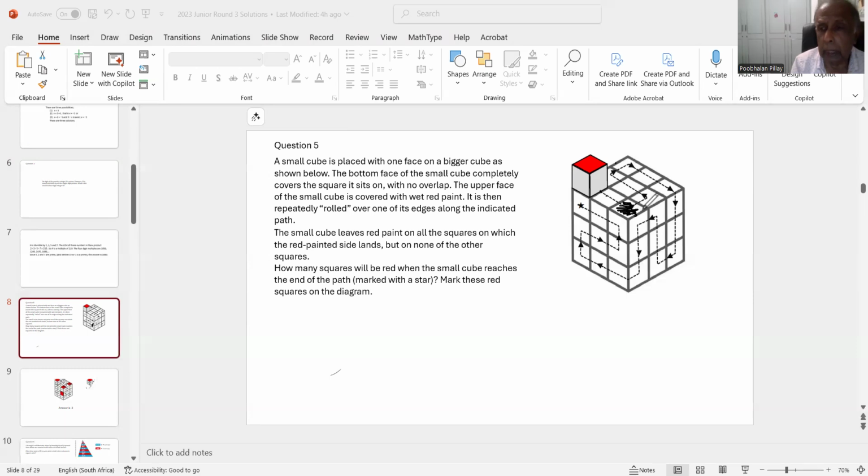Now, I'm not going to do it, but one of the ways of doing this, I saw the solution, so I'm going to give the same solution. If you name these faces, I'm going to call it 1, 4, 5. Now, the face opposite 1 is 6.